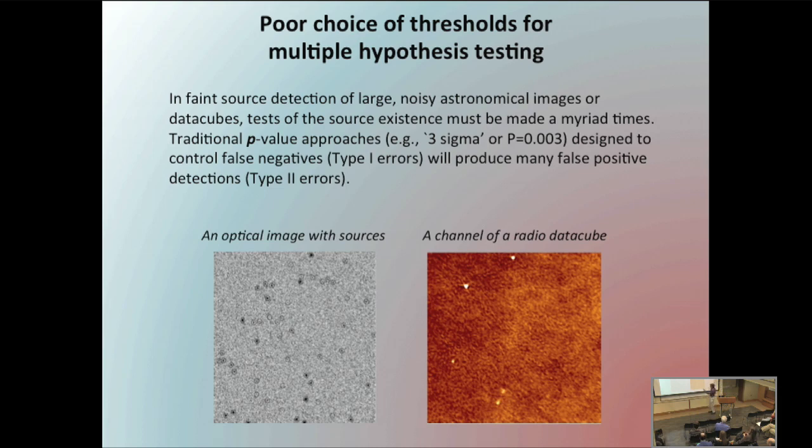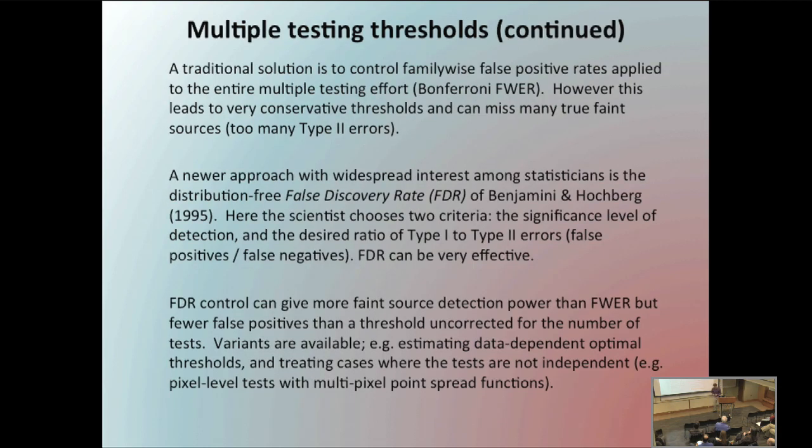We often do 5 sigma. We don't know how to control the false negatives and the false positives in a reasonable way. And then here's radio interferometry, you get non-Gaussian wobbles and all sorts of problems, and it's not even Gaussian data noise. So it ends up, there's a traditional way, which is called family-wise control, they call it Bonferroni.